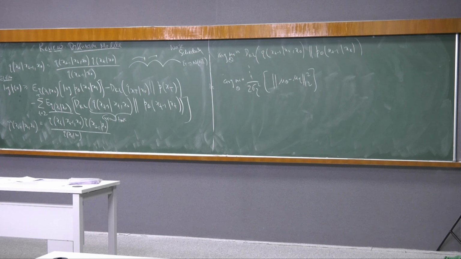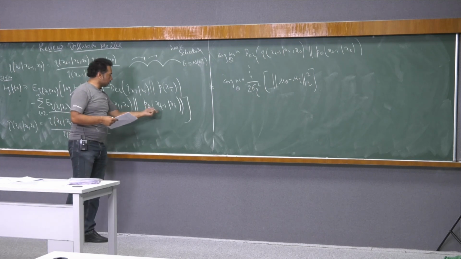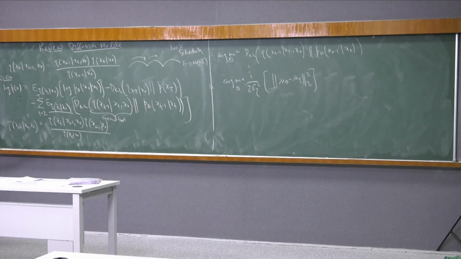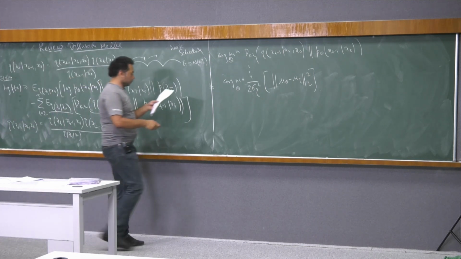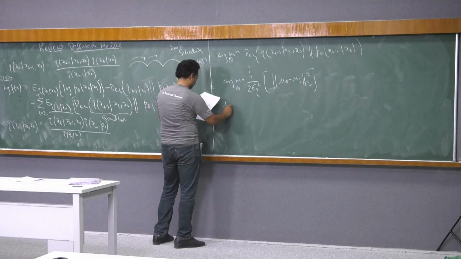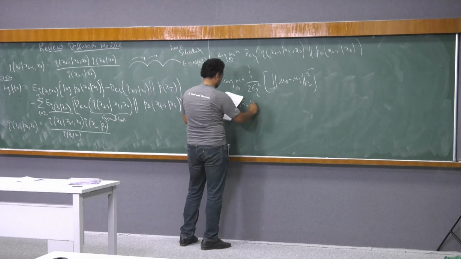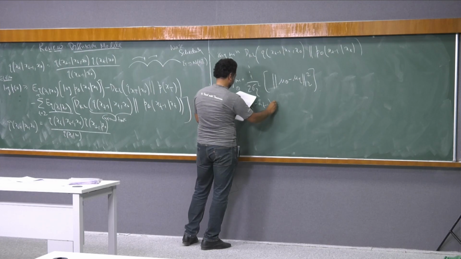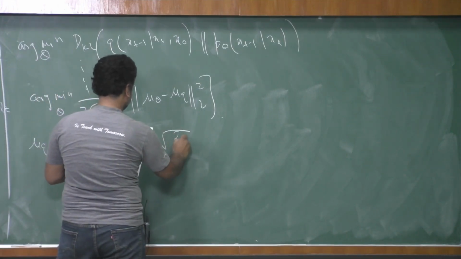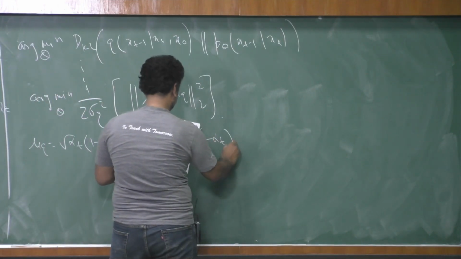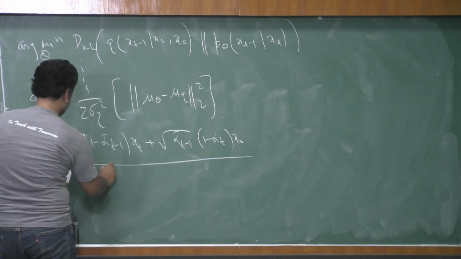Then we wanted to know what could be mu theta. What would be the mean of the learning process, the denoising process? Here we had mu q, which was the square root of alpha t times 1 minus alpha bar t minus 1 times xt, plus the square root of alpha bar t minus 1 times 1 minus alpha t times x naught, divided by 1 minus alpha bar t.